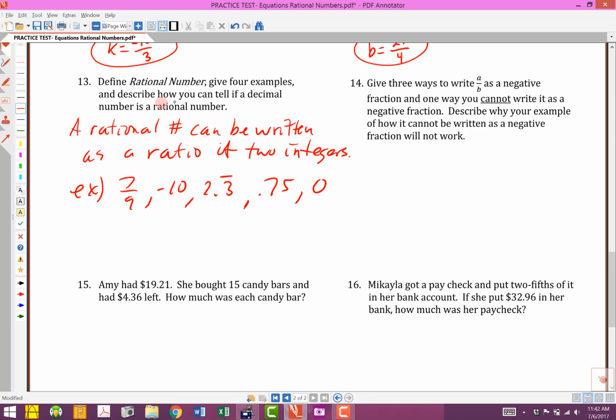And then it also says, describe how you can tell if a decimal number is a rational number. Well, remember, if they're rational numbers and they're in decimal form, they either terminate, they stop like 0.75, or they have a repeating pattern.